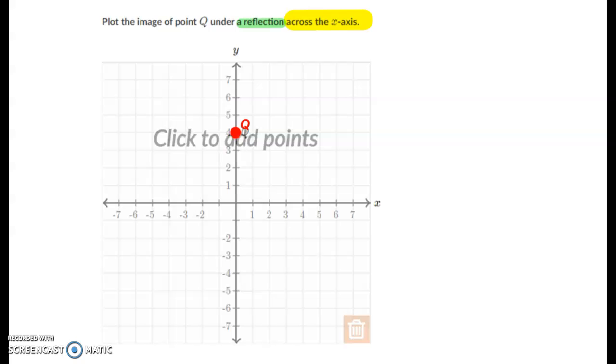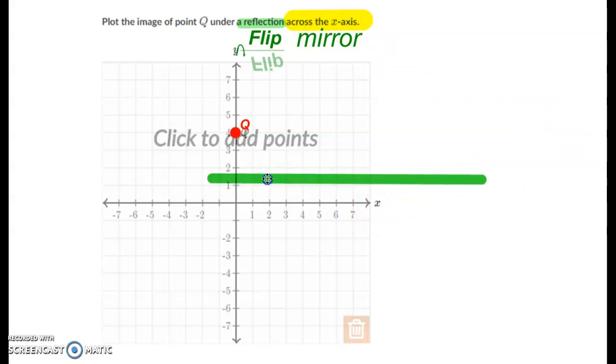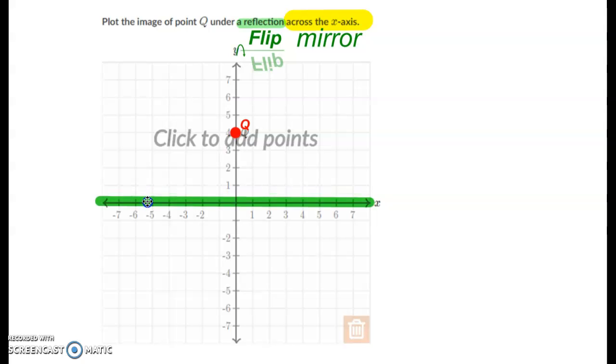And so what we find is when we say across the x-axis, we say that's our mirror, and when we say reflect, we're talking about flipping it, reflection, flip, like this, across the x-axis where our mirror is.